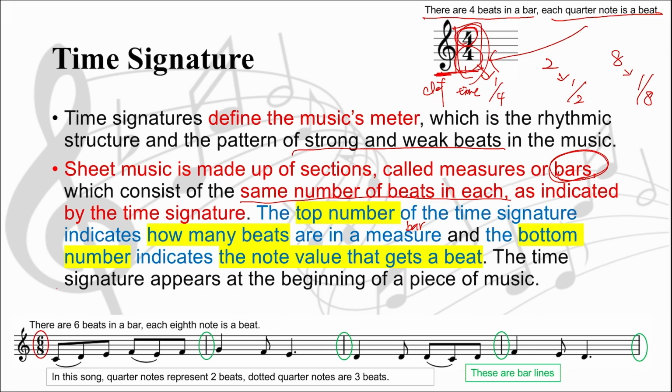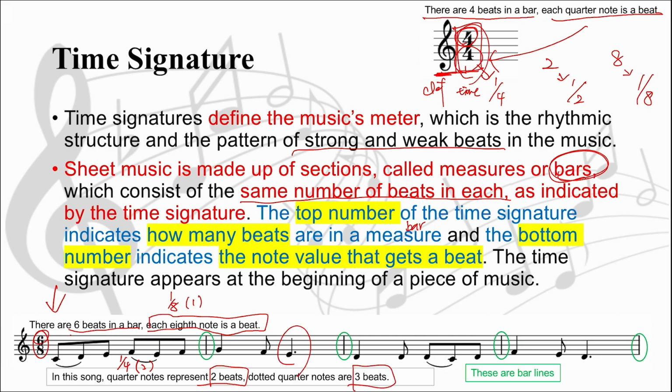So now we come to this example. There are 6 beats in a bar, and each eighth note is a beat. So in this song, quarter notes represent 2 beats, because an eighth note is 1 beat. So dotted quarter notes are 3 beats here. Okay, it's reasonable.